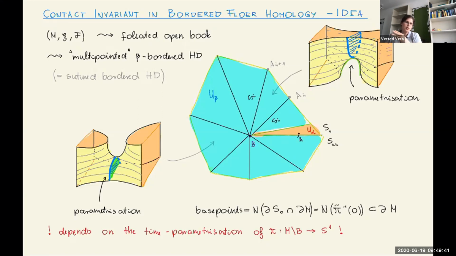Basically, you have to choose a time zero, and that's what's going to give you the base point. The base point is going to be the neighborhood of the time zero leaves. So the contact invariant depends on where time zero is. Even the bordered Floer homology it lives in depends on the time zero.